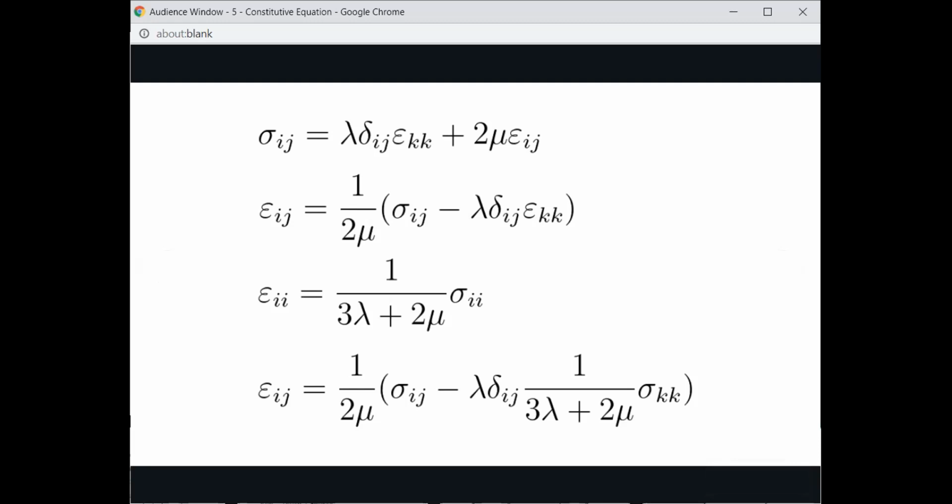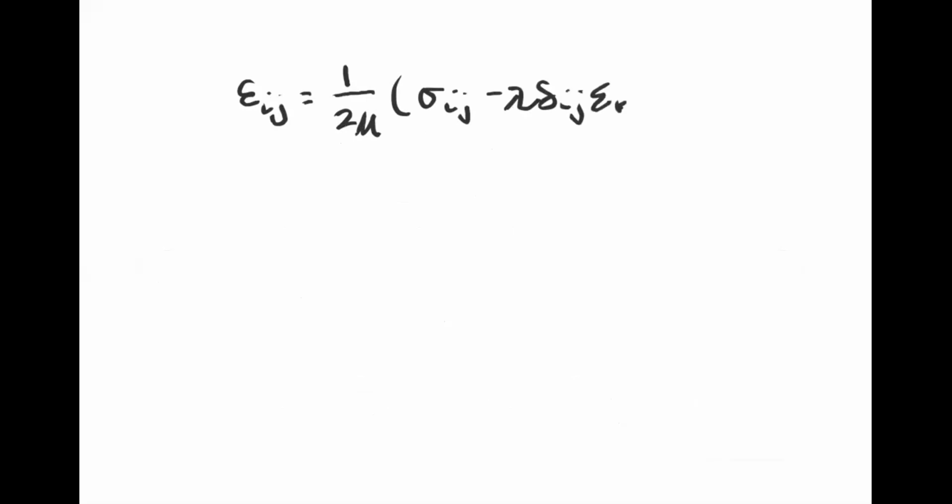Maganda siguro na I write sa aking whiteboard. Share. So epsilon ij is equal to 1 over 2 mu delta ij minus lambda delta ij epsilon kk.